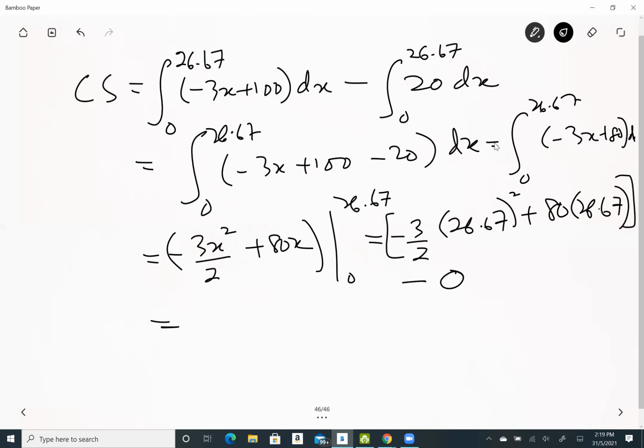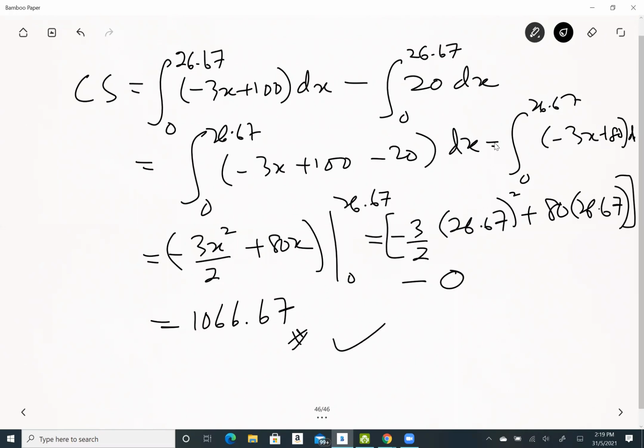When you get it, let me know so that I can put in the value. I got 1066.67. Everybody got that? Anybody else get the same answer or a different answer? Same, sir. Okay, same. So that is correct.